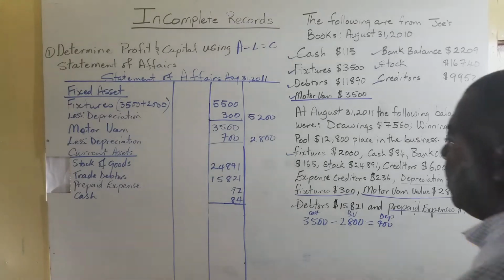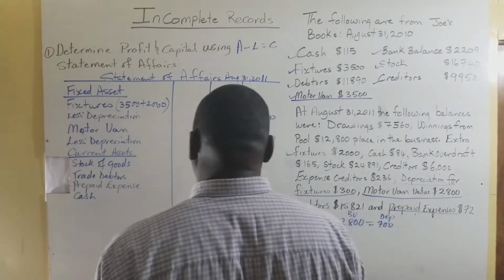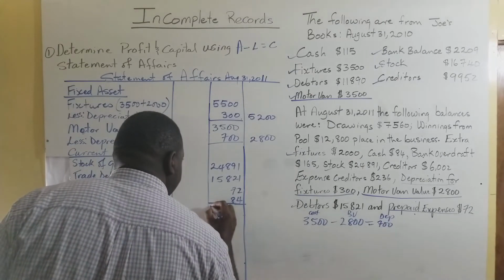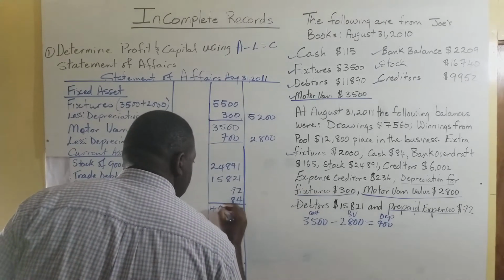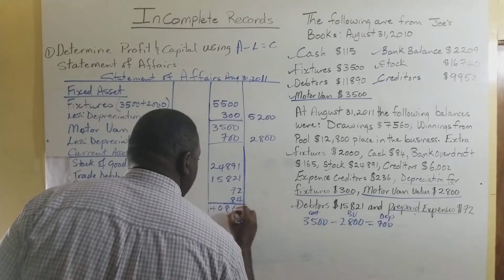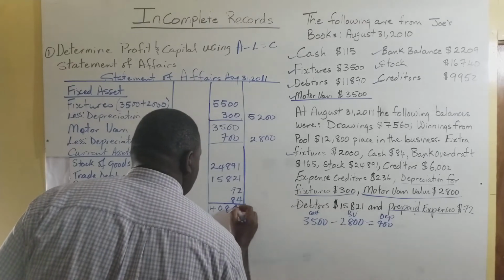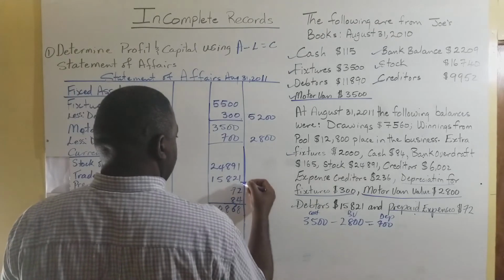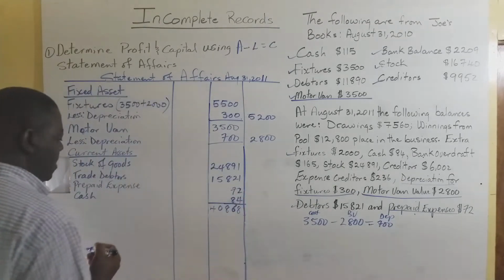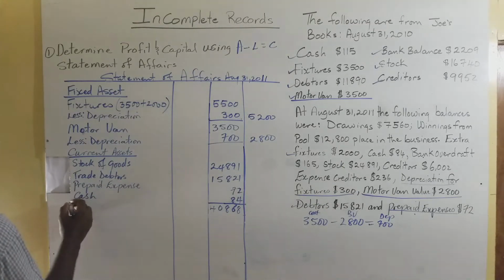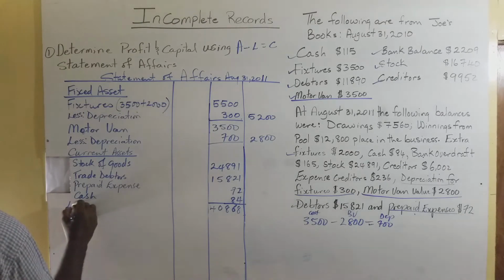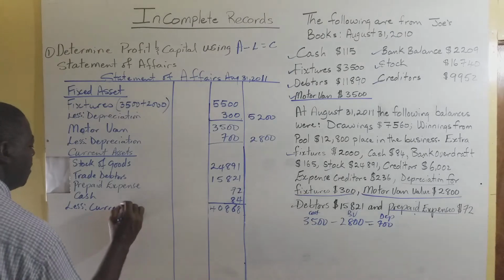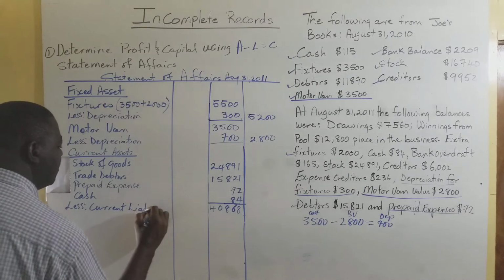So when we add the total current assets, we are getting a total of 40,868. Yes. Okay. We're now going to less or subtract the current liabilities.